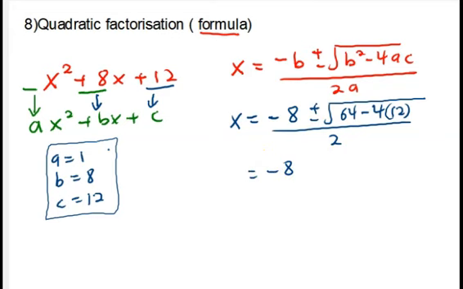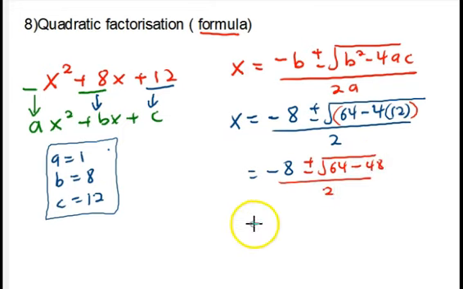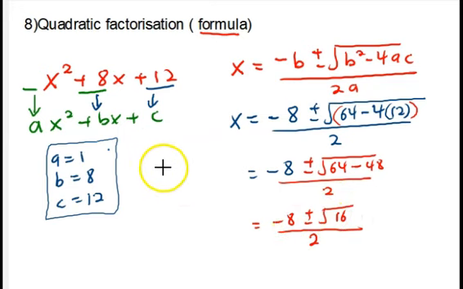We have to simplify what is inside the bracket, so we get 64 minus 48. Okay, so we get plus minus square root of 16.